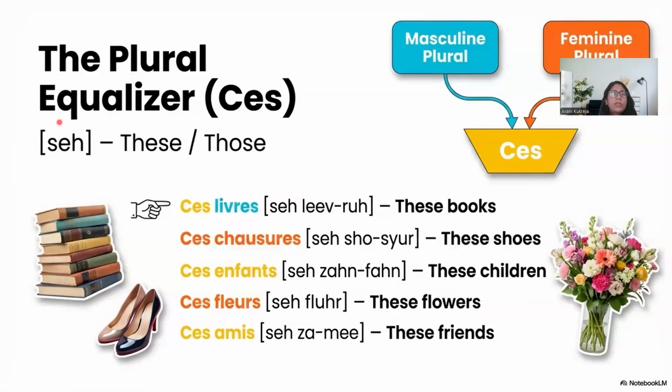For plural, it is irrespective of the gender and of what the noun starts with. We use ces livres, ces chaussures, ces enfants, ces fleurs, ces amis. This translates as these and those: these books, those books, these shoes, those shoes, these children, these flowers, these friends. Is the concept clear, everyone? Do you have any more questions?